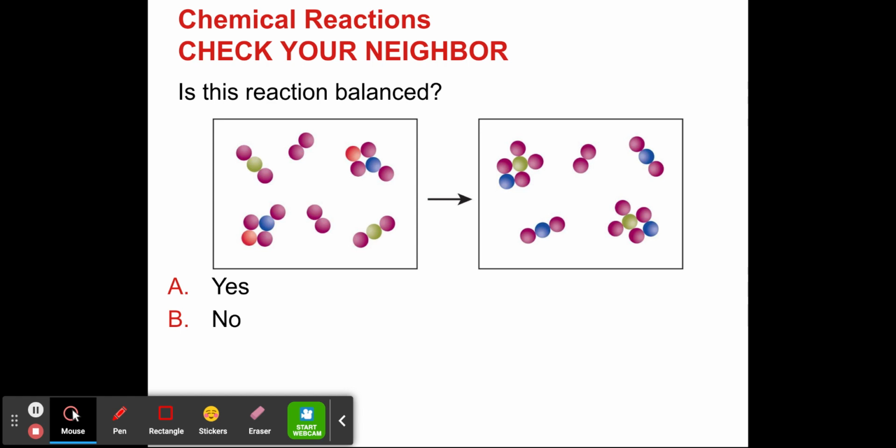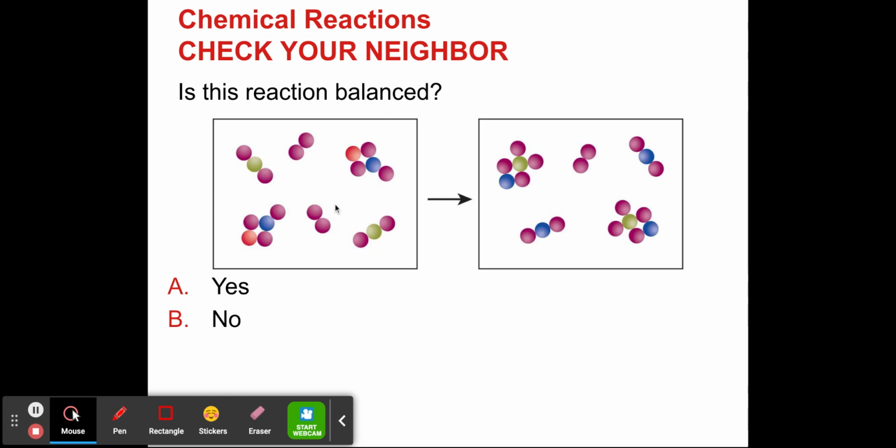When we ensure that the number of atoms at the beginning is the same as the number of atoms at the end, in chemistry, we say the reaction is balanced. Now, imagine that these are the atoms at the beginning of a reaction, and these are the atoms at the end of the reaction. And so the question is, is this reaction balanced?